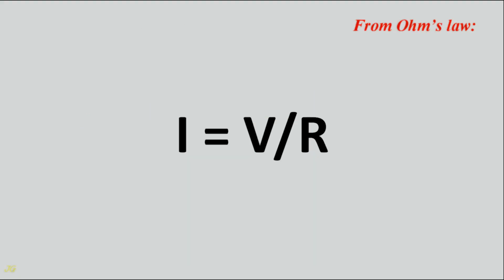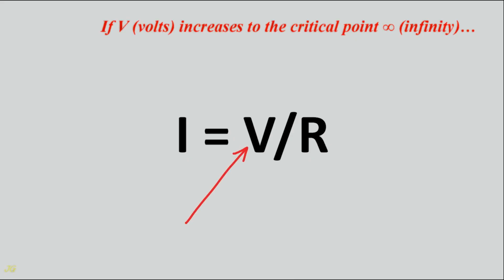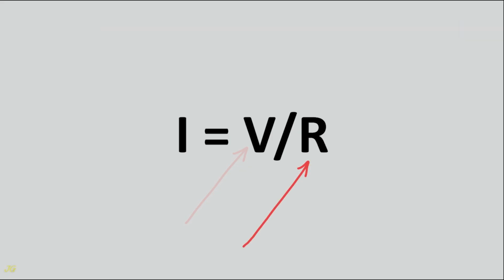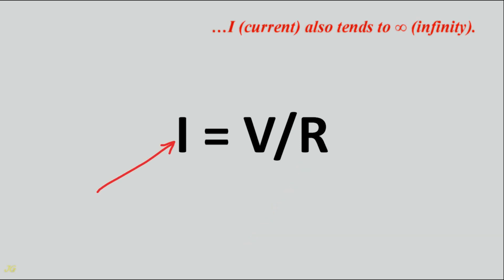From Ohm's law, I equals V over R. If V, volts, increases to the critical point infinity with constant R, resistance, I, current, also tends to infinity.